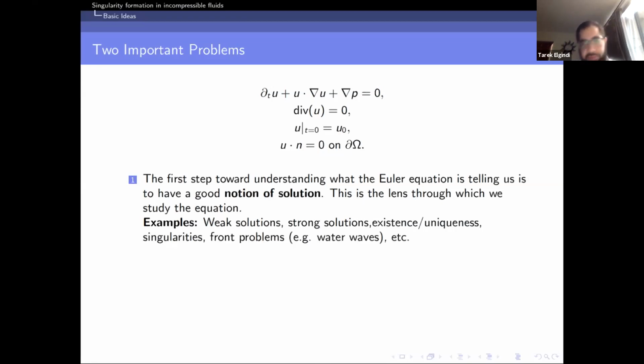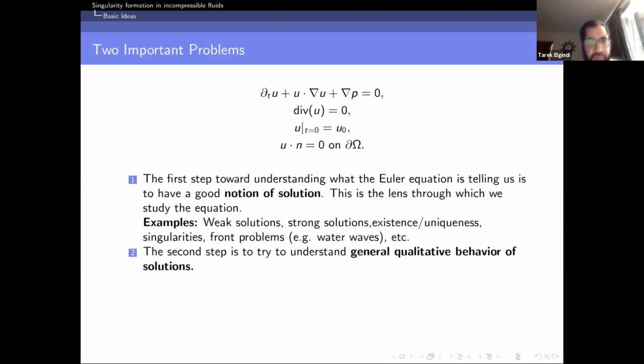And you could also look at a tailor-made notion of solution if you're thinking about specific kinds of problems like water waves or similar. The second step, once you have a good notion of solution, is to look at general qualitative behavior.